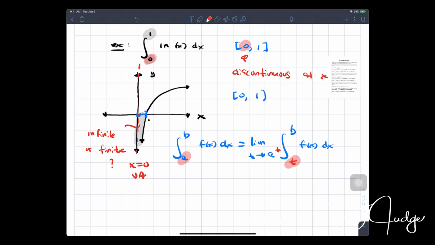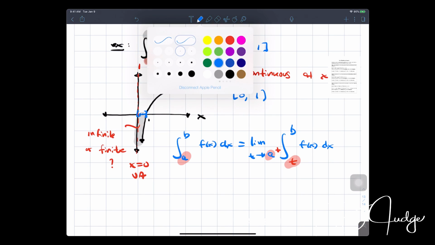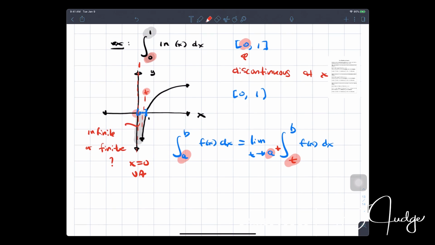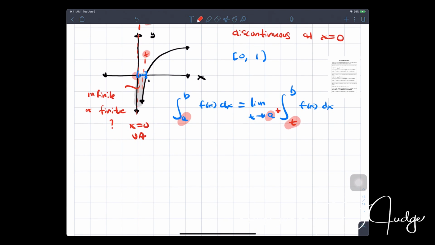So that means t has to go to the a here. And it's going from the right because t would really be over here. Here's that t value, and so now t has to get to this a value, and you're coming from the right side.